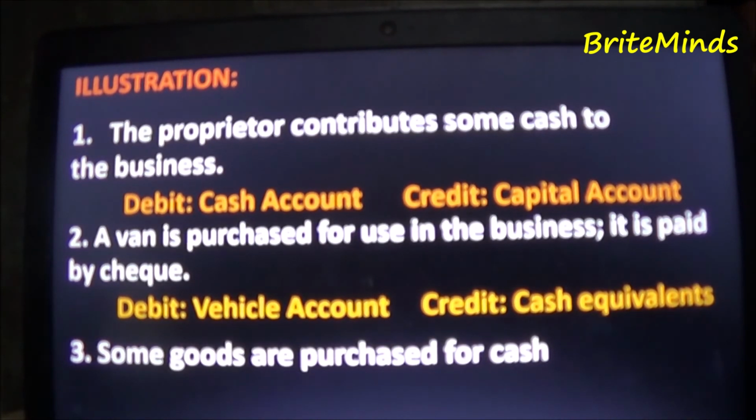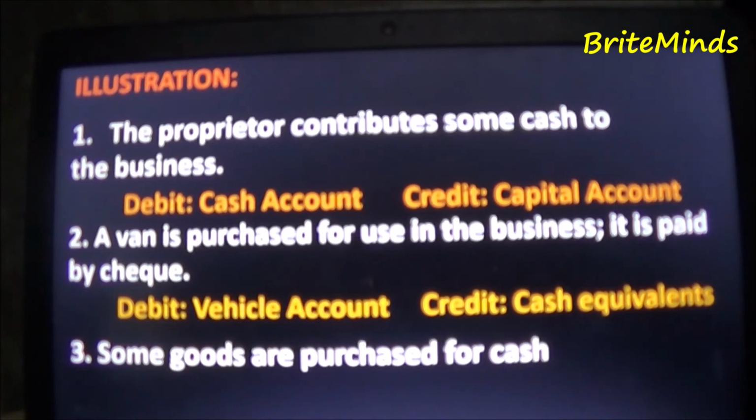And then we proceed to transaction 3. Some goods are purchased for cash. So what will be the debit and the credit? Goods represent the inventories of the business entity. In order for the business entity to have sales, they need to purchase goods that will be used for service or merchandising purposes.